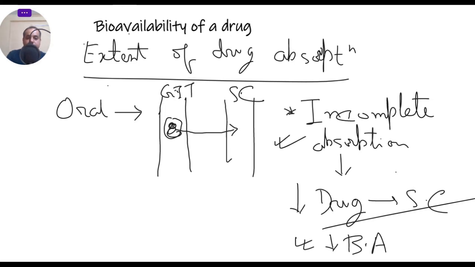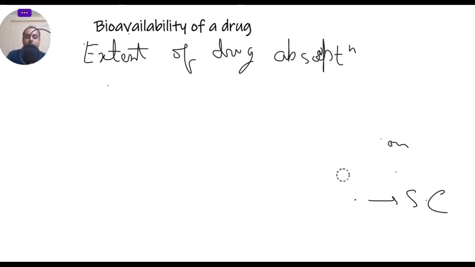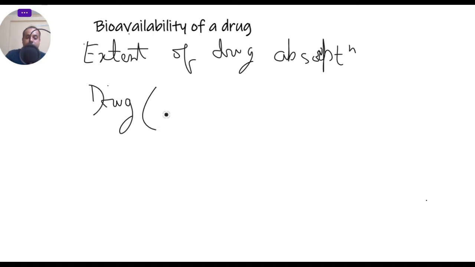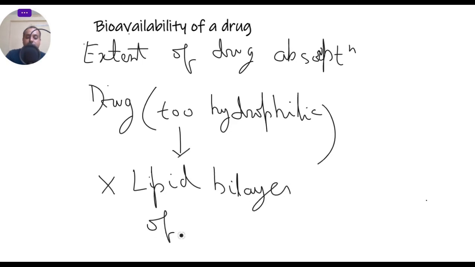Let us suppose that the drug that we are giving is too hydrophilic, that is, if it is too hydrophilic, then obviously that drug cannot cross the lipid bilayer of the cell membrane, right?